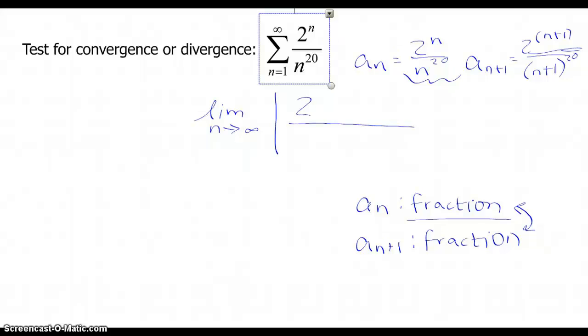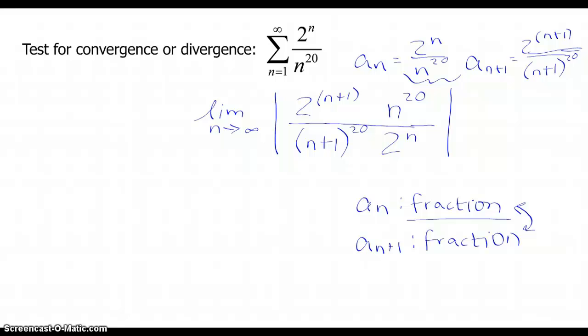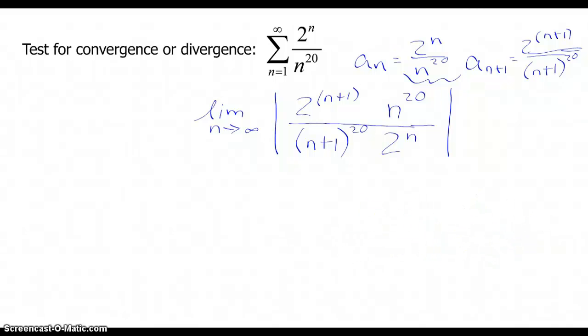So let's save ourselves some time. Let's write a sub n plus 1, and let's write the reciprocal of a sub n. We can automatically go there. There isn't an AP reader in the world that's not going to be able to go there with you. That's just fine. Not an issue. As a matter of fact, you'll get to the point where this will be how you write it down.